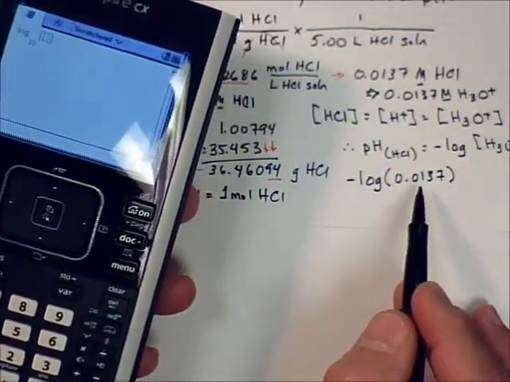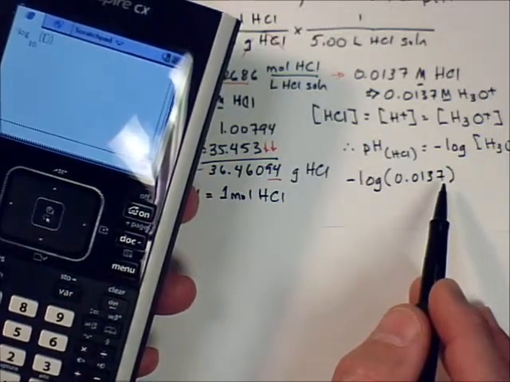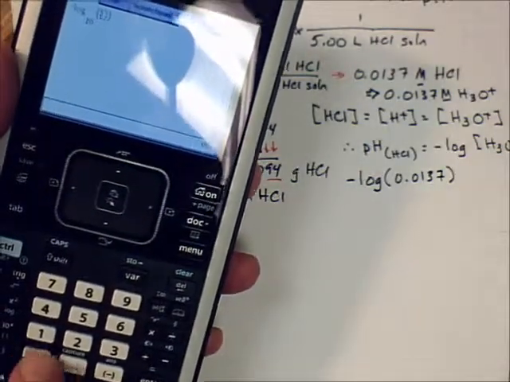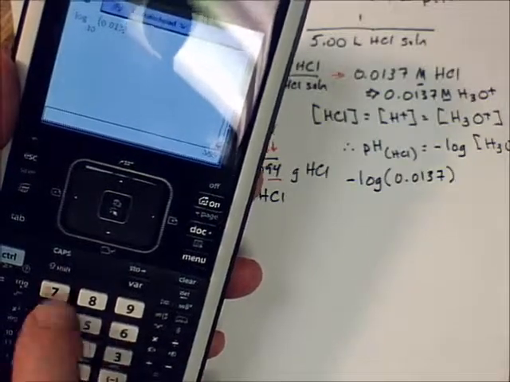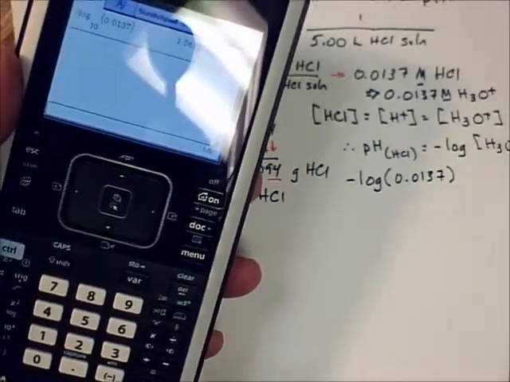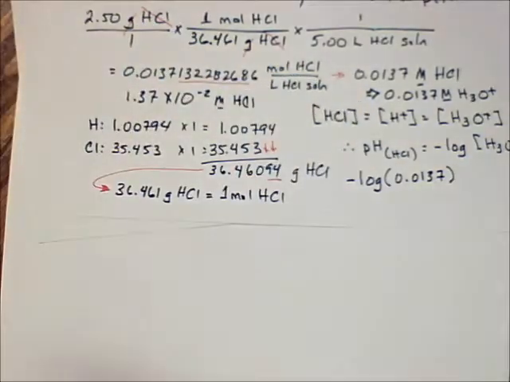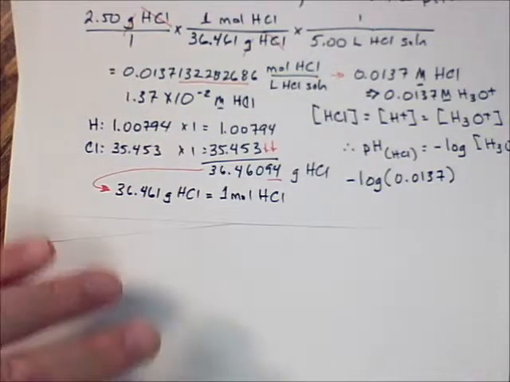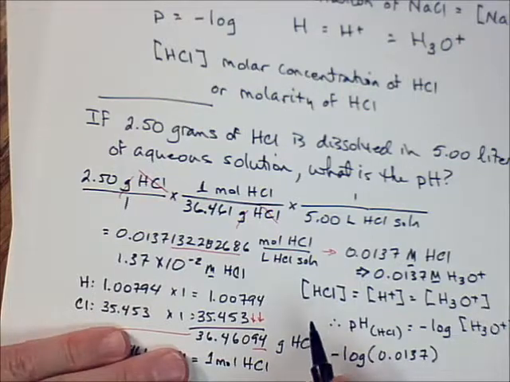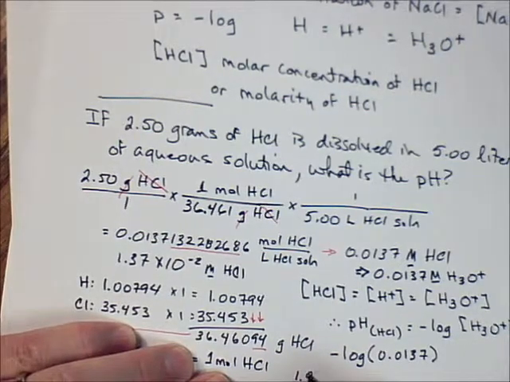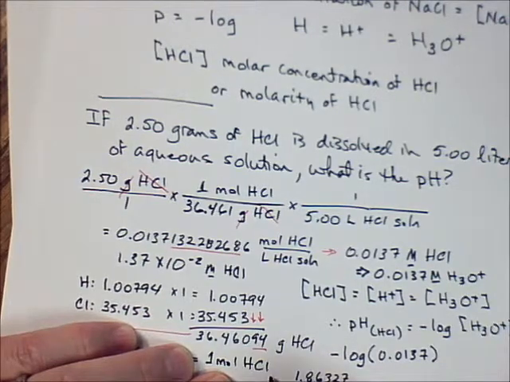So we're going to put in base 10, 0.0137, hit enter, and I'm going to get this pH, 1.86 and so forth. So the pH is equal to that.